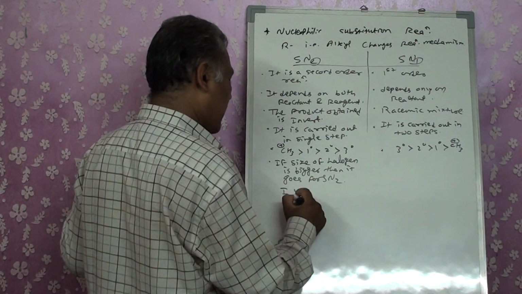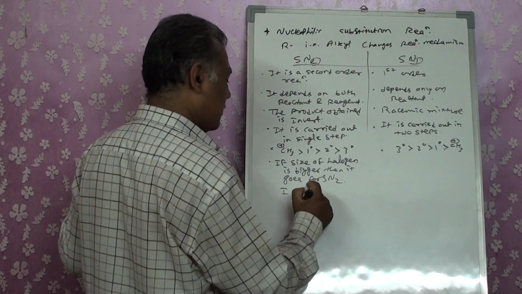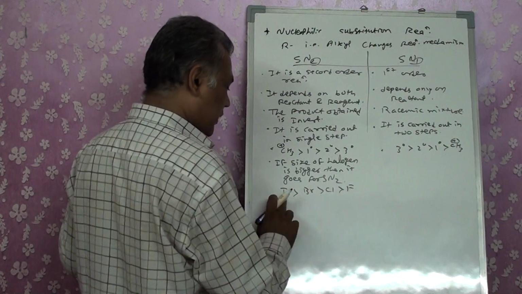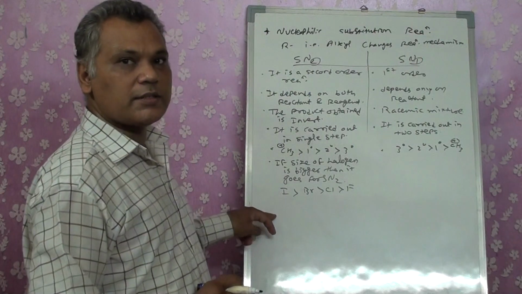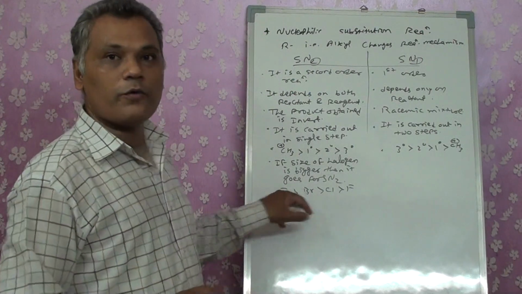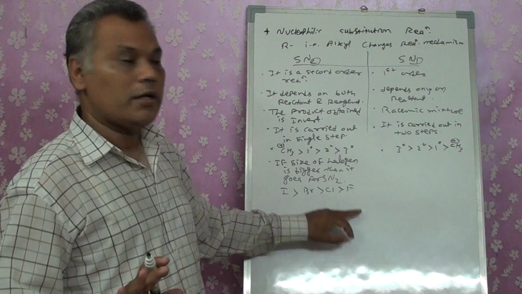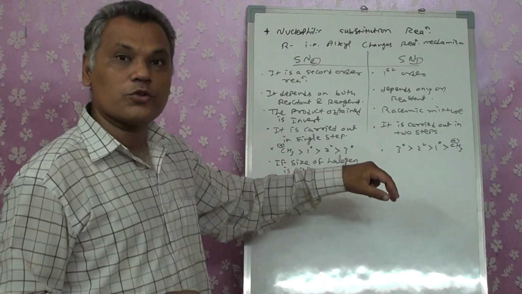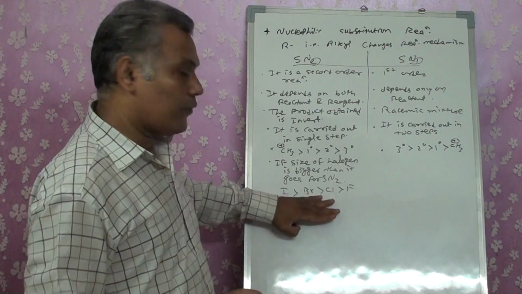That means I, Br, Cl, F. This goes much faster as an SN2. All of them will give me SN2, right? It's not like carbocations, where one goes for SN1 and one goes for SN2. They are not like that. All of them are going for it.